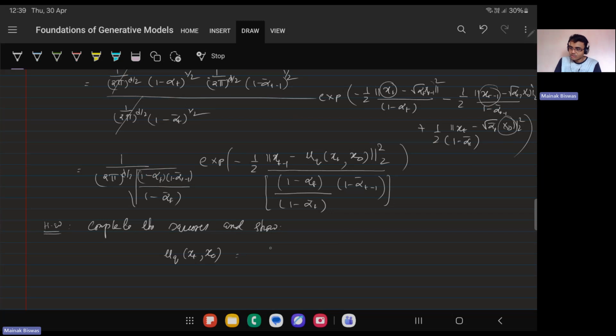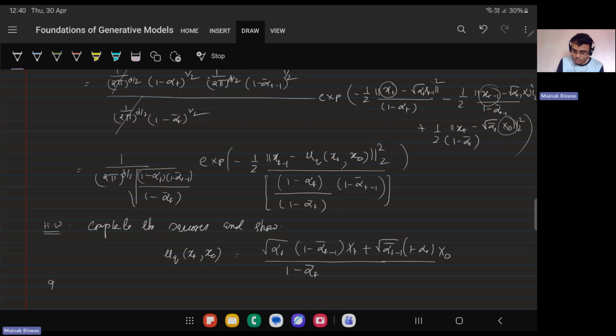This is equal to root alpha t (1 minus alpha t bar) xt by 1 minus alpha t bar plus root alpha t minus 1 over 1 minus alpha t x0. This is what you have to show. The variance we have already shown.